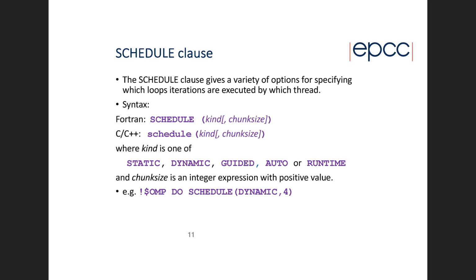The allowable kinds here are static, dynamic, guided, auto, and runtime. I'll explain in some detail what all of those mean. The chunk size is just an integer expression with some positive value. It doesn't have to be a constant, it can be an expression that evaluates to an integer, so it can be evaluated at runtime. It doesn't have to be known at compile time. But for example, OMP do schedule dynamic, 4 is a valid option.